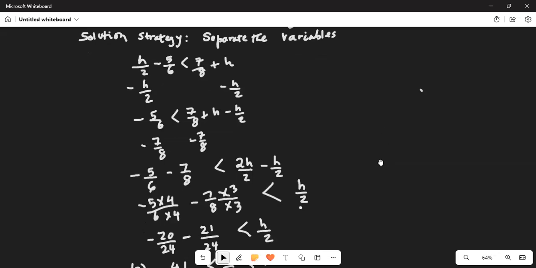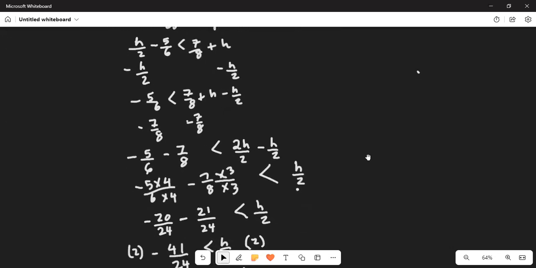So the lowest common multiple of 6 and 8 is 24: 6 times 4 is 24 and 8 times 3 is 24. So for the first term, in the numerator and denominator, I will multiply by 4, which becomes minus 5 times 4, which is minus 20 over 24.